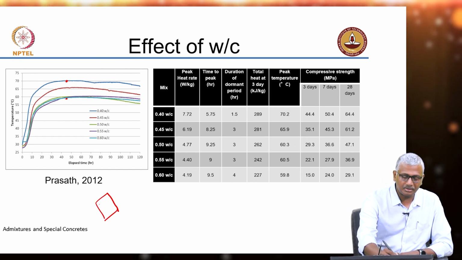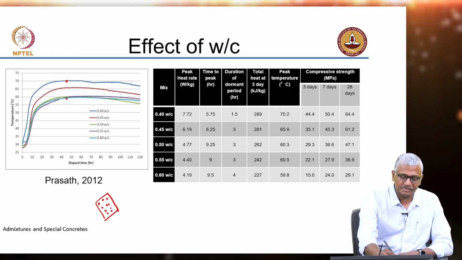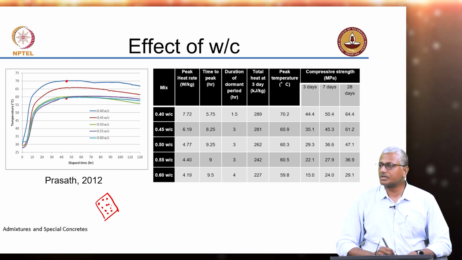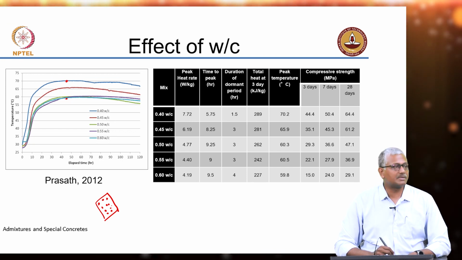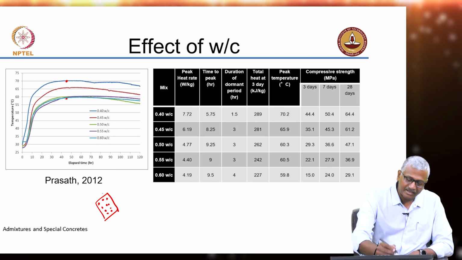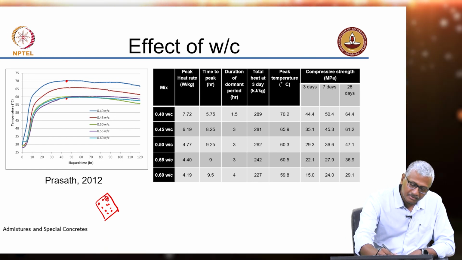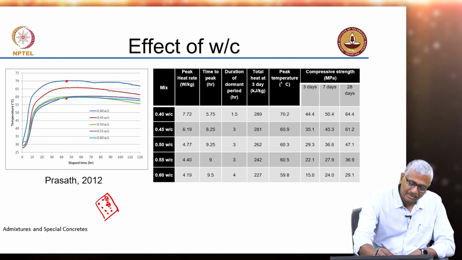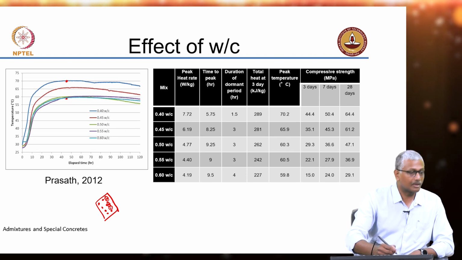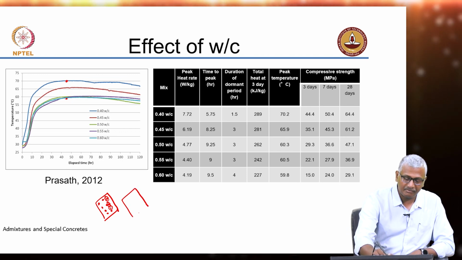Let us say this is your concrete, these are your cement particles or cement paste, and these are cement particles present in the system. At a high water cement ratio, you have less number of cement particles present. So, if the hydration has to happen and close up the gaps, it will take quite a bit of time. In the other case, when you have a low water cement ratio, you have more cement particles present.